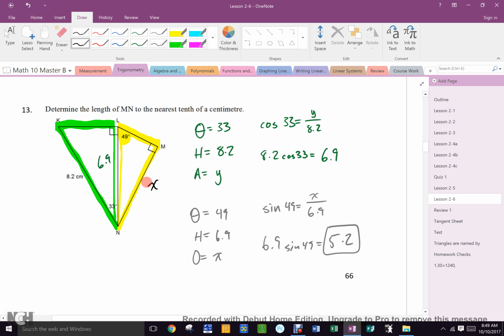Okay? So you need to be aware of that. That is why trig is powerful. You can use stuff you know to find stuff you don't know. All right?